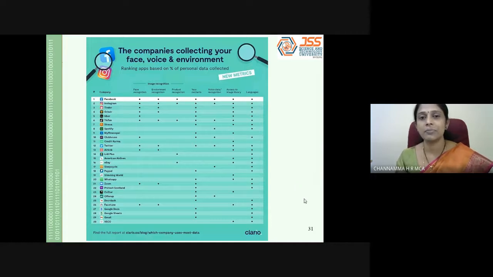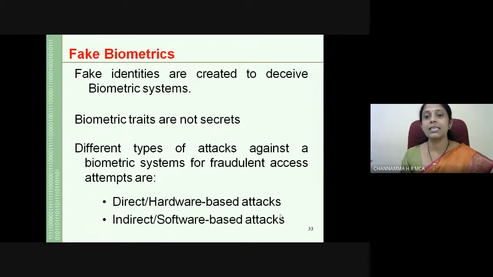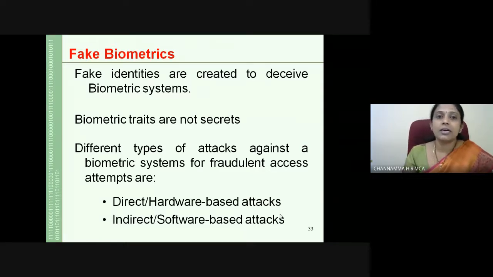It keeps all our biometric traits, because biometric traits are not secret. Faces and photos can be visible, photos are taken from any social media, and fingerprints, wherever we touch, leave that impression on all the devices. Since biometrics are not secret, they are easy to collect by any third party.